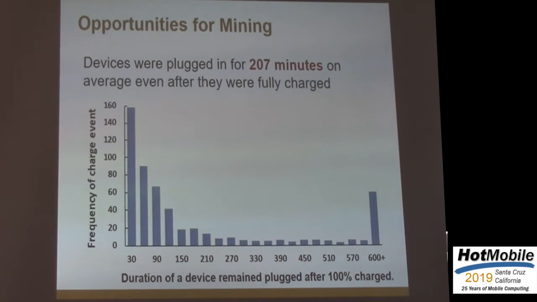Another thing to note about the battery consumption is that we noticed that devices were plugged in for more than 3 hours on average, even after they were fully charged. So for at least this kind of duration, miners can run without any battery consumption.